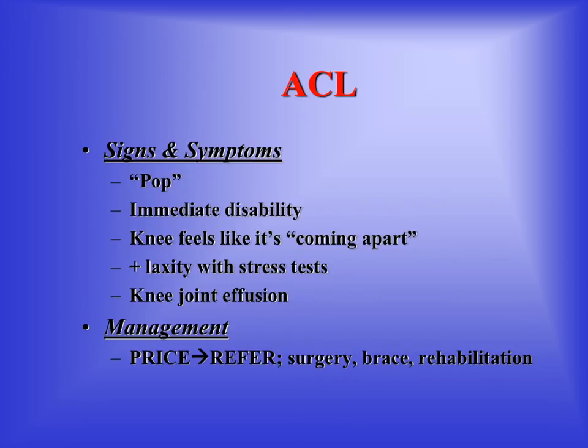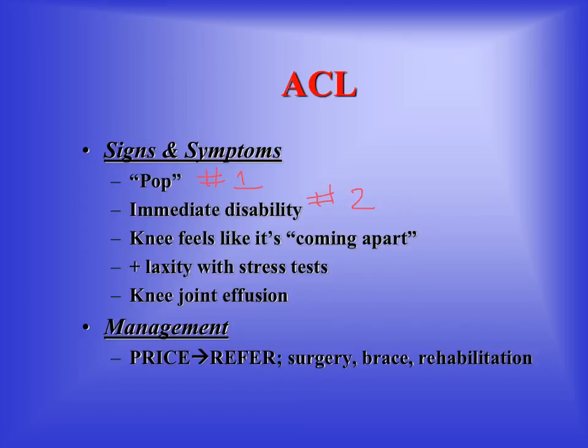So what are the signs and symptoms associated with an ACL tear? Well, the number 1 sign and symptom is that the patient will report some type of popping within the knee. And then the number 2 sign and symptom is that they will immediately become disabled. They will roll on the ground, their knee will feel unstable, and they won't be able to load that knee because the ACL is ruptured.